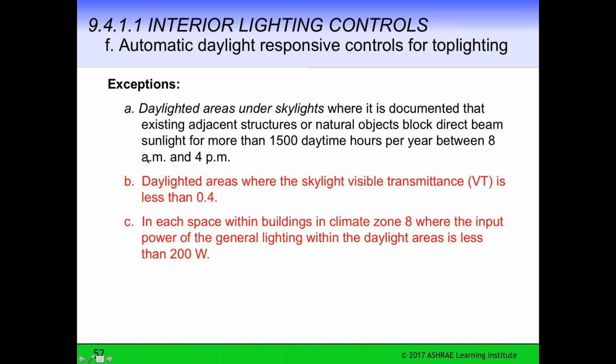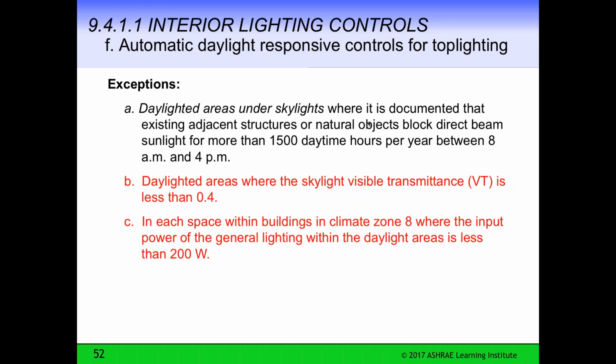The exceptions for the automatic daylight responsive controls for top lighting include daylight areas under skylights where it's documented that the existing adjacent structures or natural objects, big trees, mountains, whatever, block direct beam sunlight for more than 1,500 daytime hours per year between 8 a.m. and 4 p.m. And then daylighted areas where the skylight visible transmittance is less than 0.4.